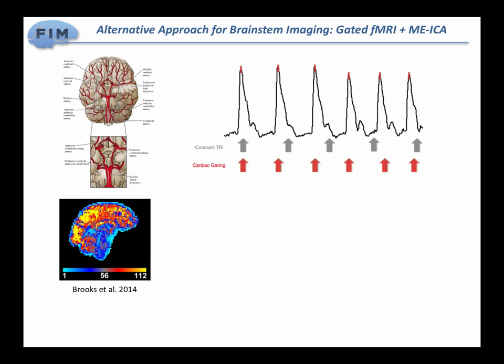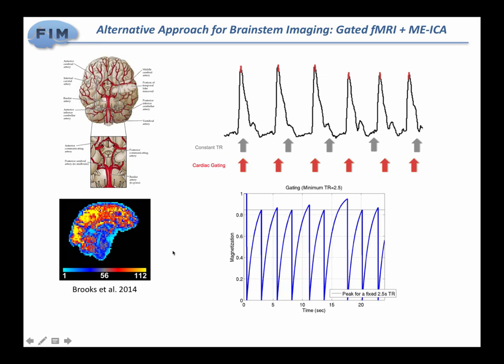Now, because your TR is not constant, you're introducing some fluctuations on the baseline signal of your data that are non-BOLD, but are going to really kill how you can look at things, because you'll have this fluctuation mixed with the ones of interest. But these fluctuations are clearly non-BOLD.